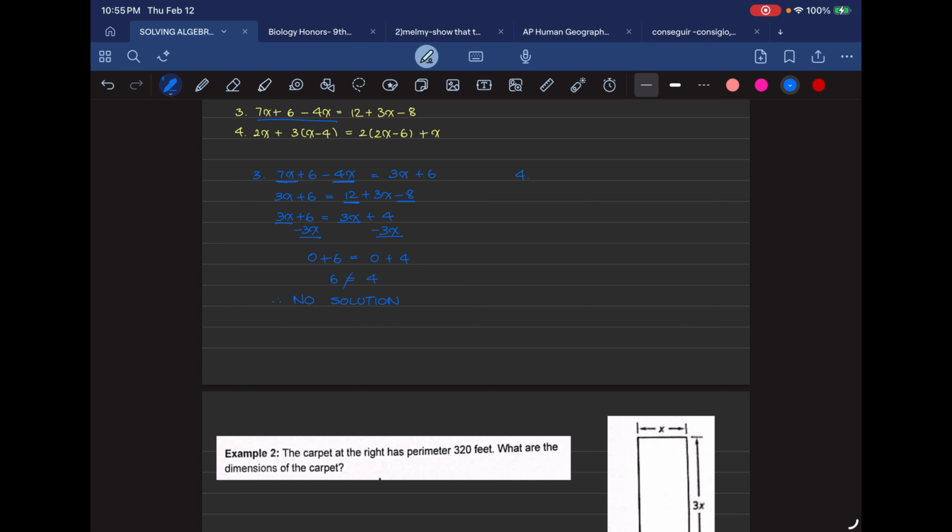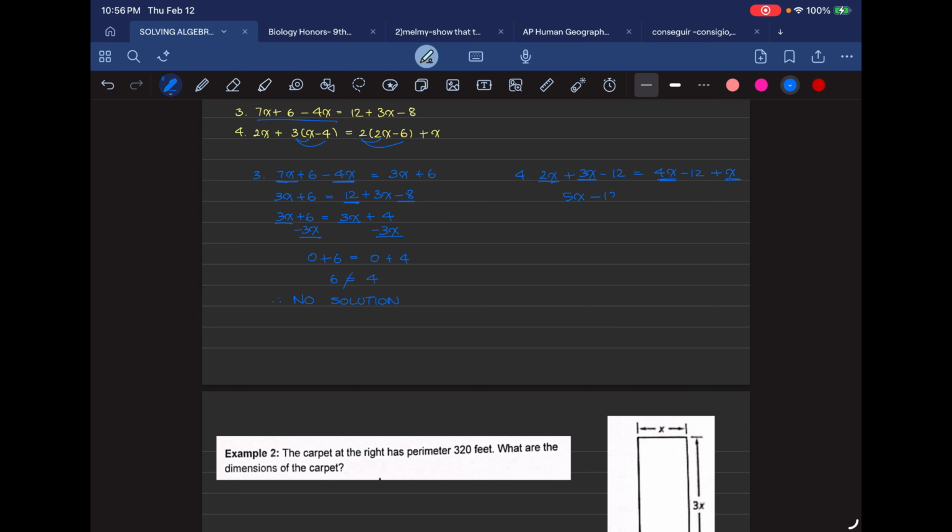And for the fourth problem, we are going to first use the distributive property. So 2x plus 3x minus 12 equals 4x minus 12 plus x. We are going to combine like terms. So 2x and 3x are like terms, and 4x and x are like terms.